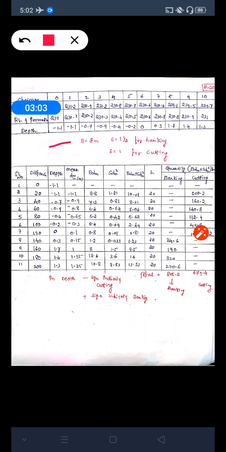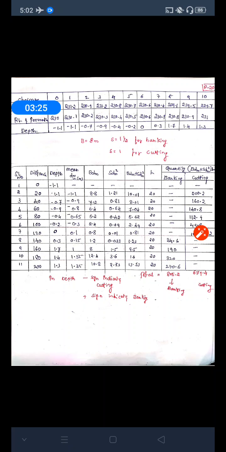Remember, a negative sign indicates cutting and a positive sign indicates banking here. So at the 1 meter chainage it will be 230.1 minus 231.2, then we got minus 1.1.